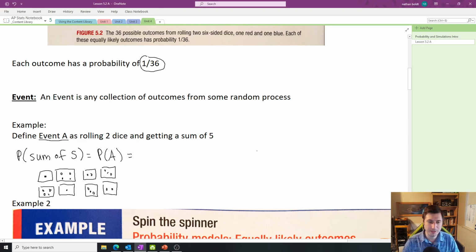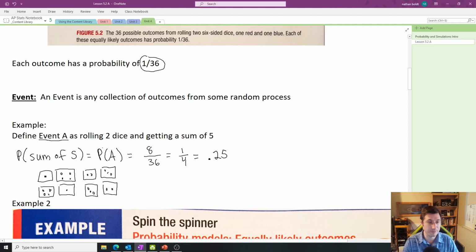So those are the only ways that we can make a sum of 5. How many options is that? We've got 4 options there. Wait, counting the dice order, there are 4 ways listed here, but the video states 8 ways to make a sum of 5. There are a total of 36 possible combinations in our sample space. So our probability is 8 out of 36, which is 1 over 4. So our probability here is 0.25. There is a 25% chance of getting a sum that equals 5.